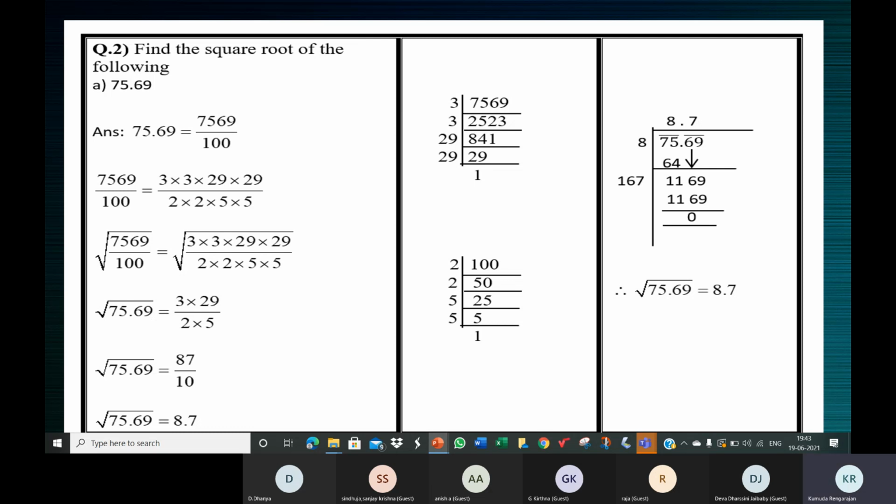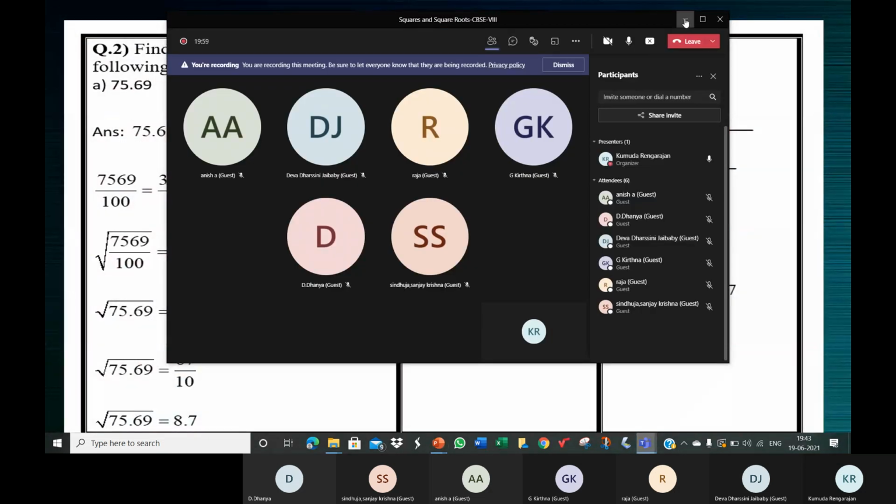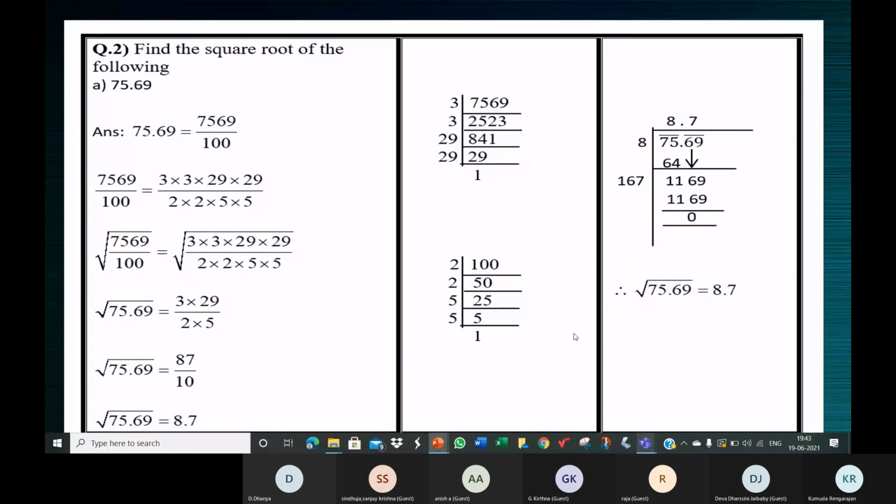Find the square root of 285.61. Got it? 285.61.